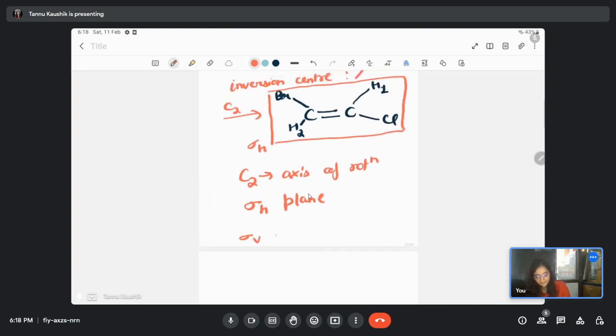and a sigma v plane passing through the C2 axis.